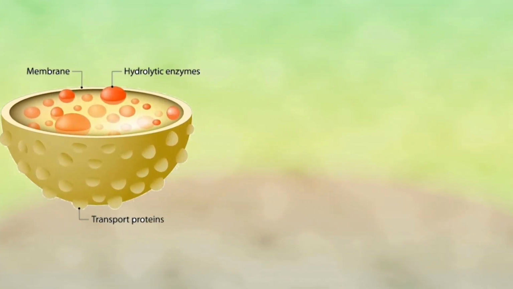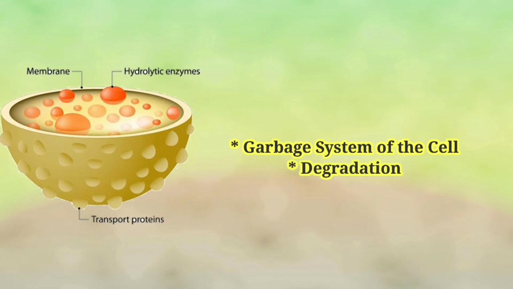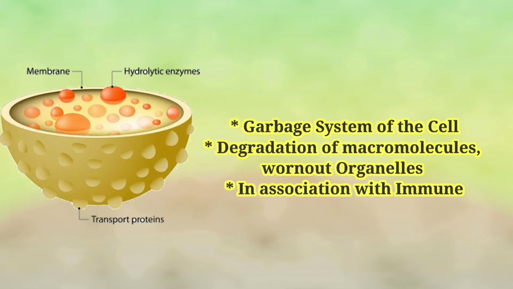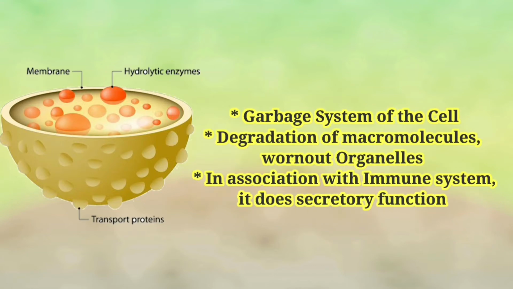Now, lysosome is known as garbage system of the cell because it helps in degradation of macromolecules of worn out organelles, and in association with immune system it does the secretory functions.